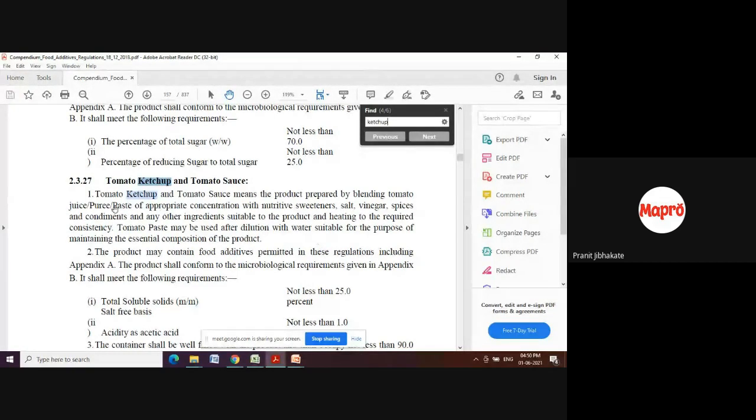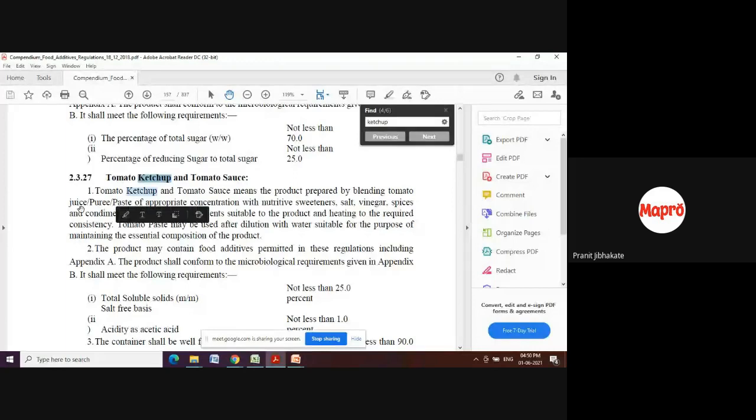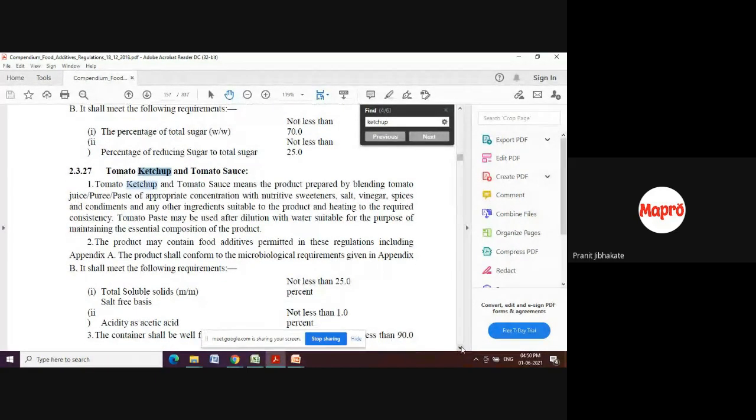What is the difference between tomato juice, tomato puree, and tomato paste? Consistency. Tomato juice is very thin, very juicy, with 4-degree Brix. Tomato puree has around 10-degree Brix, and tomato paste has around 28 to 30-degree Brix. So there is a difference in sugar concentration, TSS, also.